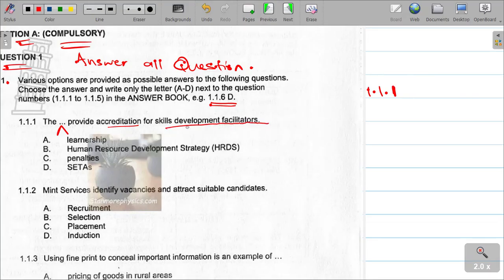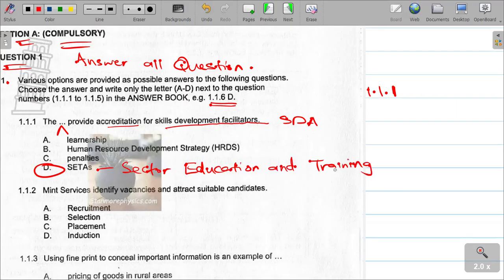Remember the Skills Development Act, which is the SDA. They get accreditation from the SETAs, which is the Sector Education and Training Authorities. SETA is Sector Education and Training Authorities.